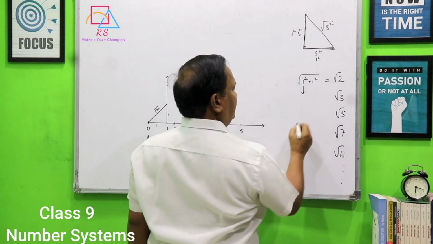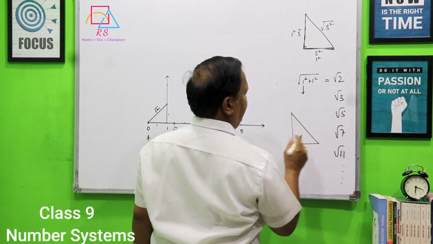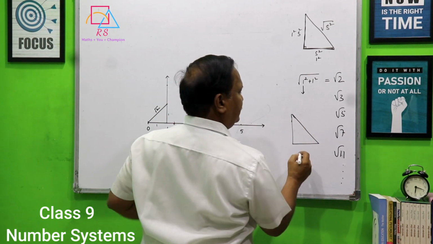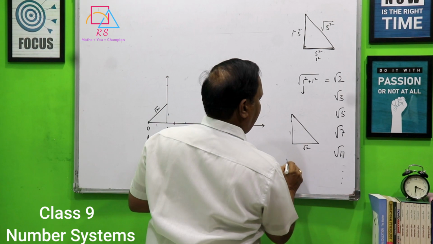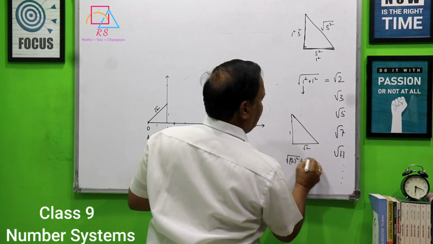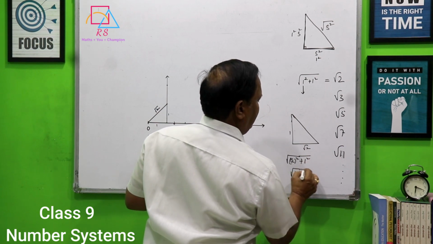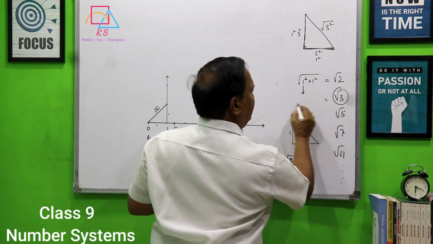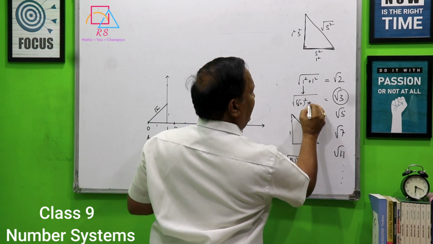Now for example, root 3, how do you get root 3 here? I did not make it properly. So let us say this is root 2 and this is 1. So then what happened? Root 2 whole square plus 1 square is nothing but 2 plus 1, nothing but root 3. So root 3 should be written like root 2 whole square and 1 square.